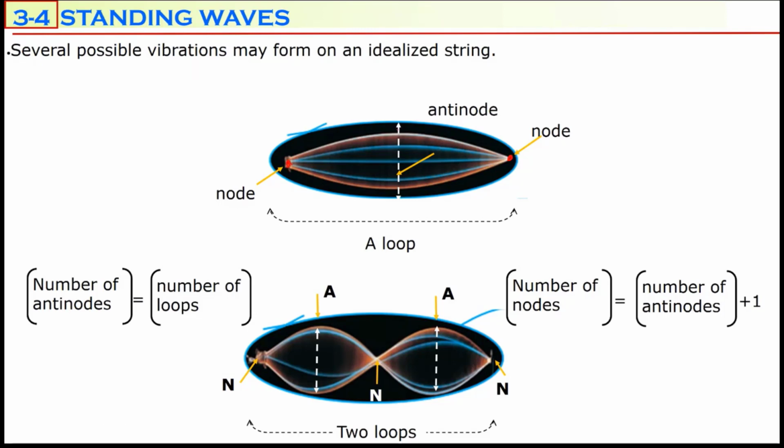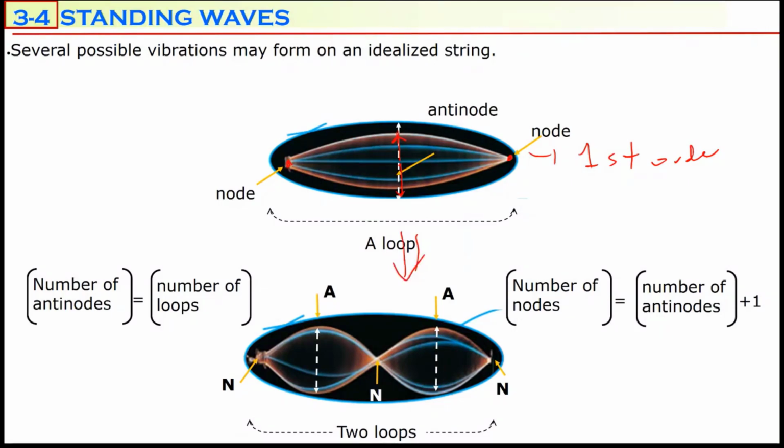But the point between the two nodes vibrates with the largest amplitude. So this point was called an antinode. This is the first order standing wave.